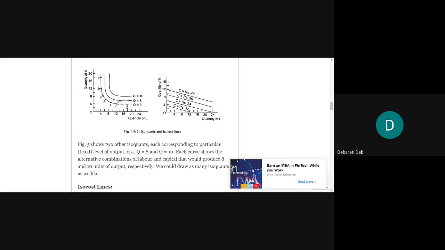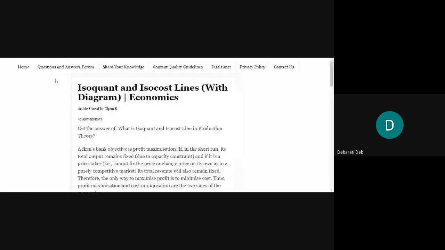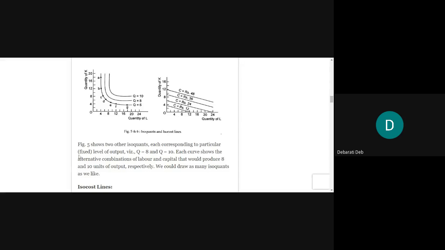Now figure 5 shows 2 other isoquants also. Can you see? Other than Q equals 6, there are 2 other options where Q equals 8 and Q equals 10. This figure shows two other isoquants, each corresponding to a particular level of output.